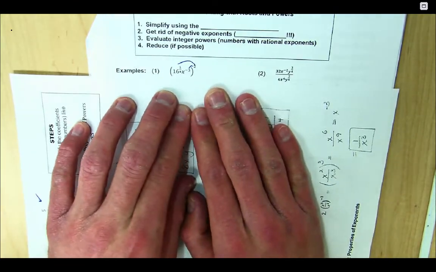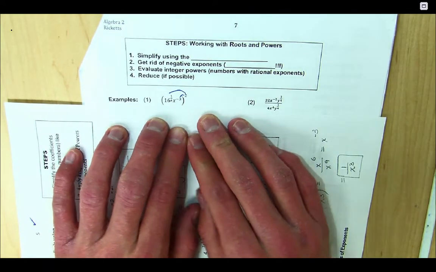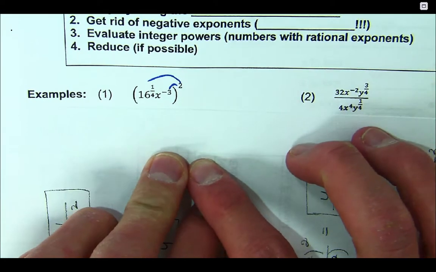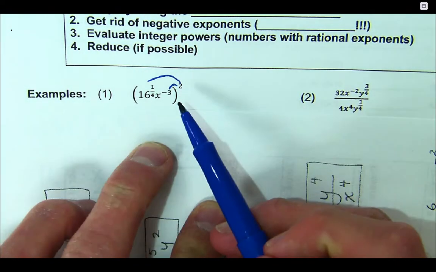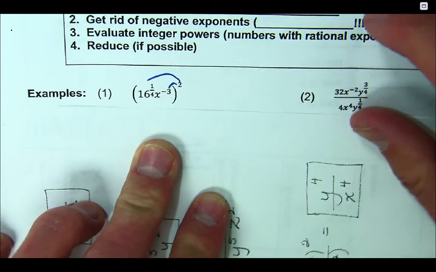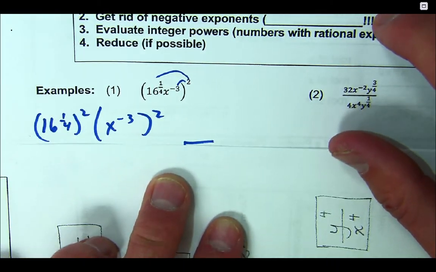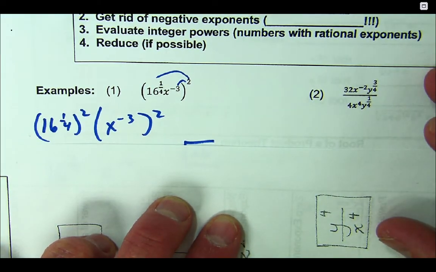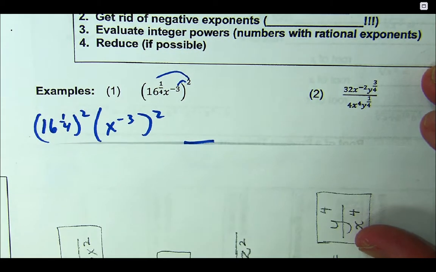So if you take a look at example 1 here on the top of page 7, you have 16 to the 1/4 and x to the negative 3rd. So what we're actually going to do here is we are going to make sure that both of these terms get squared. So the 16 to the 1/4 gets squared, and the x to the negative 3rd gets squared.